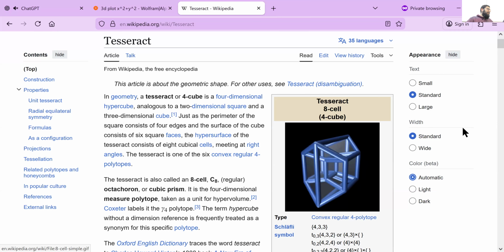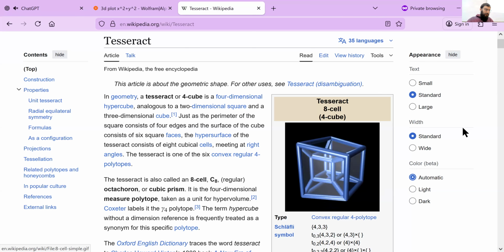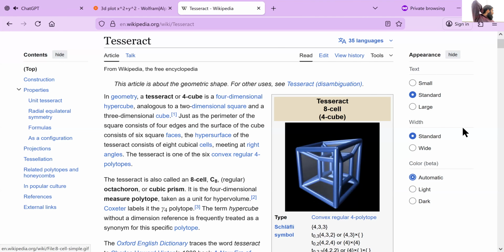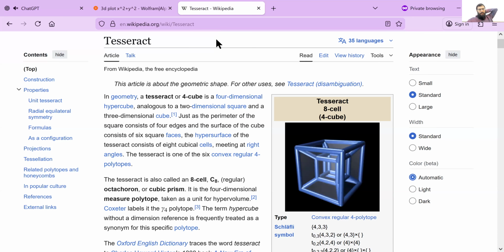Every facet of this cube is actually a 3D cube itself. Like when it comes to a 3D cube, every facet is a 2D cube, which is a square.